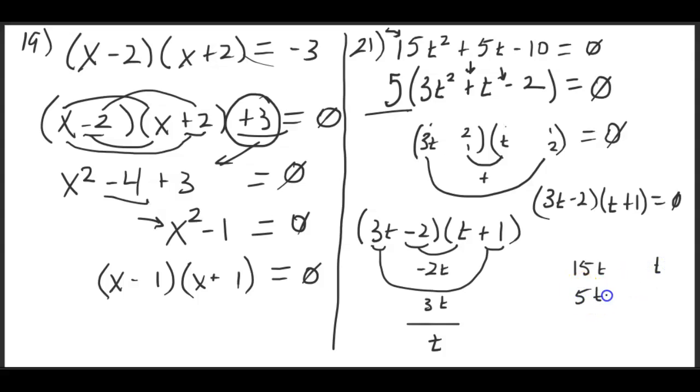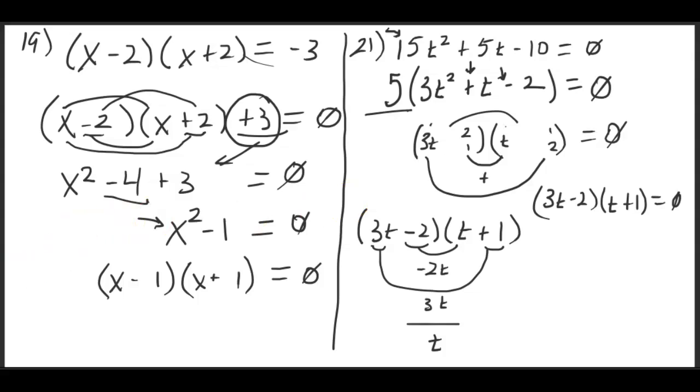It could be a 5t times a 3t, right? So there's more options there than what we ended up having when we factored. So that was helpful to factor out the 5. And then once we factored out the 5, we could ignore it because what we care about are these two binomial factors and what it takes for one of them at least to be 0.